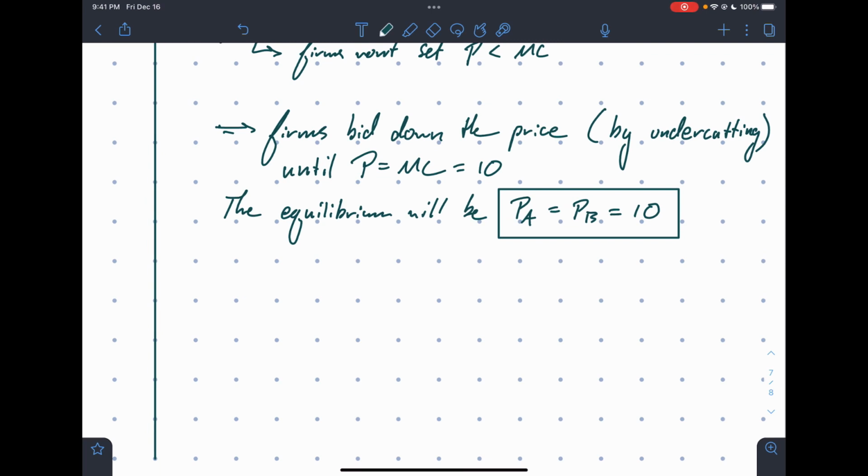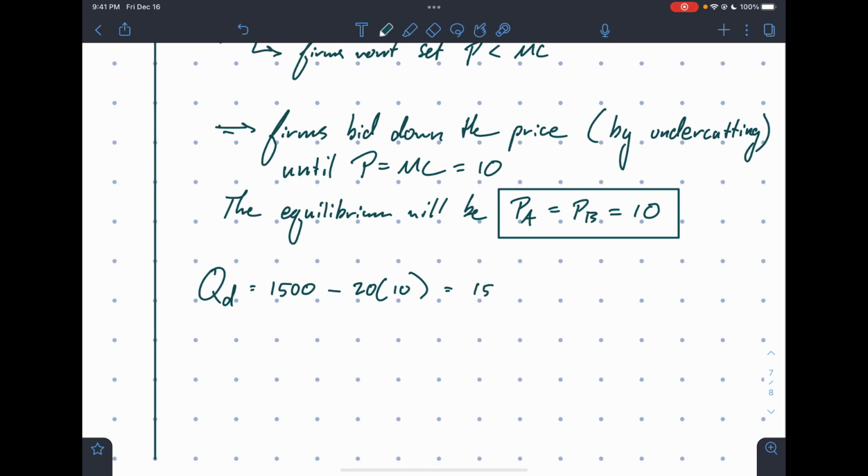Now what we want to find is the quantity. Just plugging this price into the demand function, it's 1500 minus 20p.